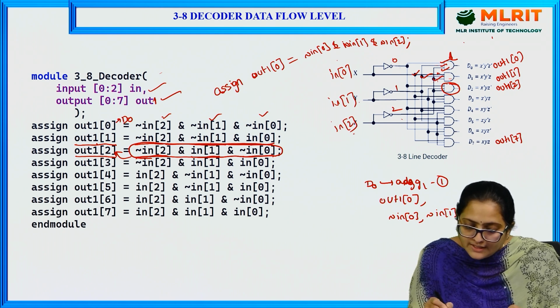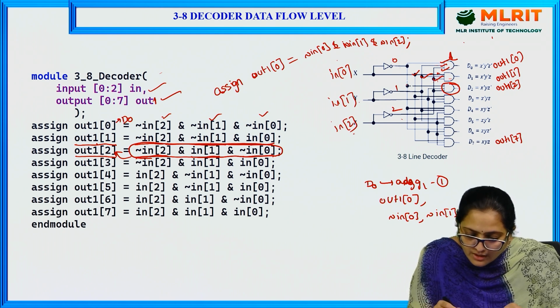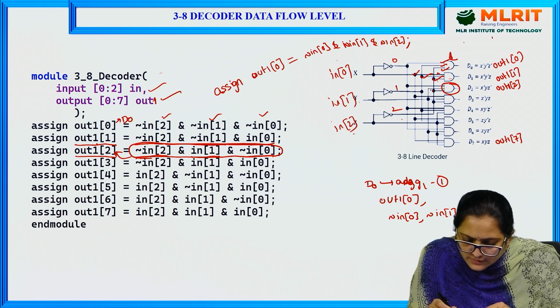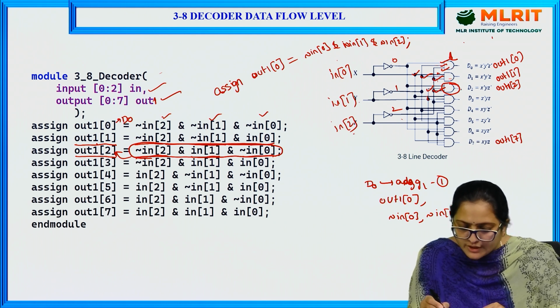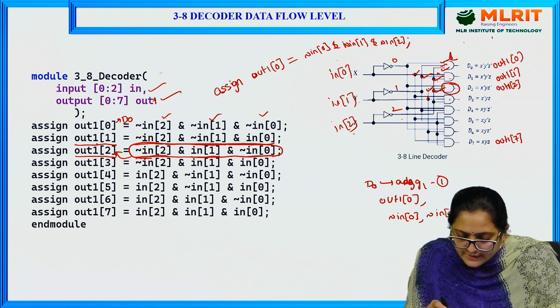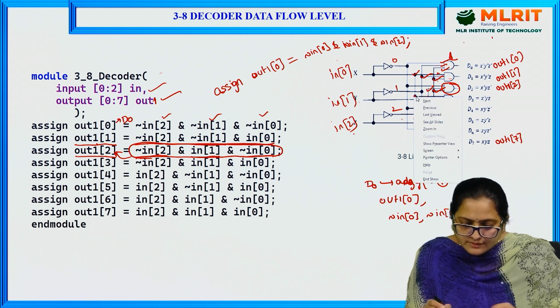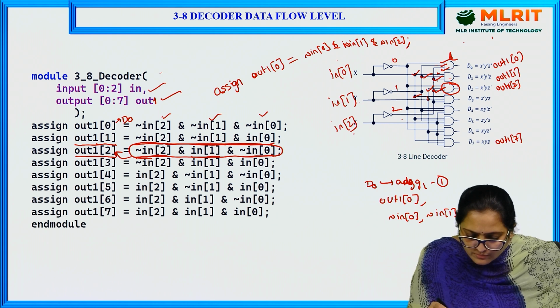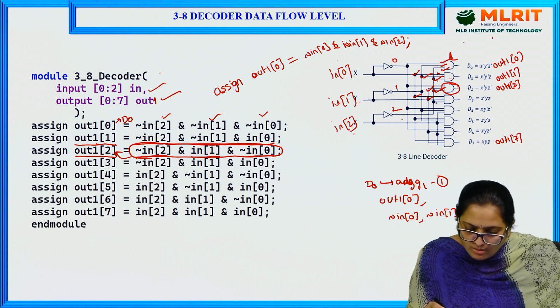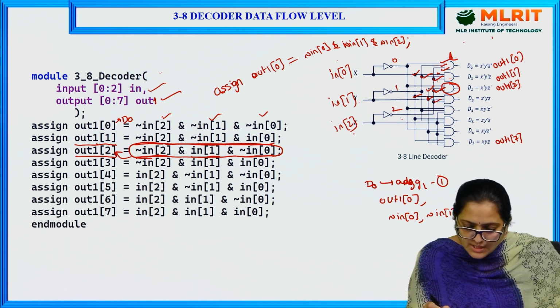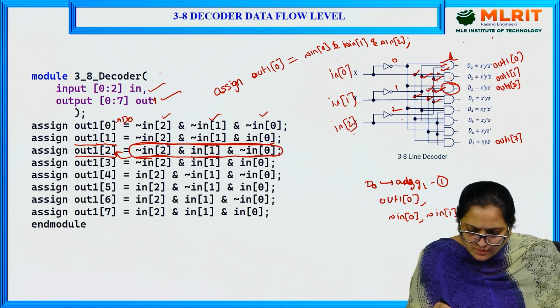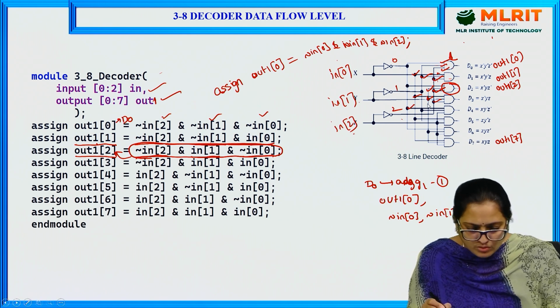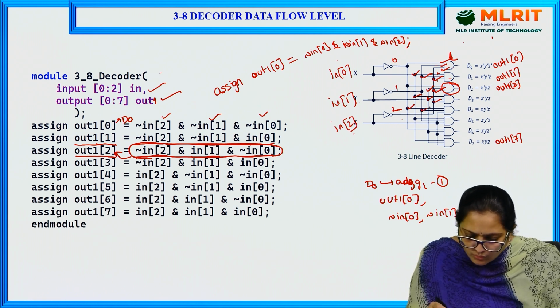For this AND gate, the inputs are complement of IN0, directly IN1, and complement of IN2. For this AND gate, the inputs are IN0, IN1, complement of IN2. And for this, the inputs are complement of IN0, complement of IN1 and IN2.